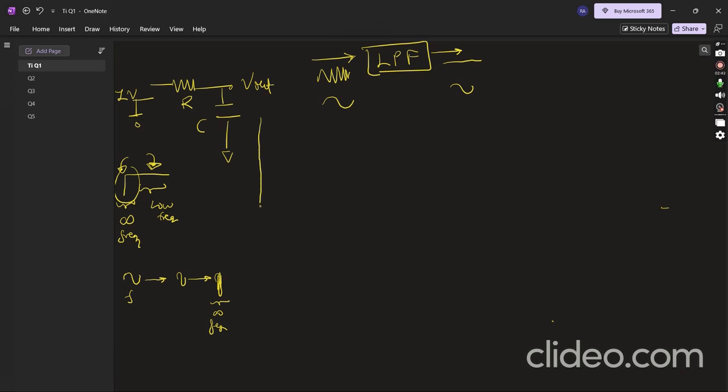Now we can analyze the circuit with respect to t equal to 0 in the time domain.